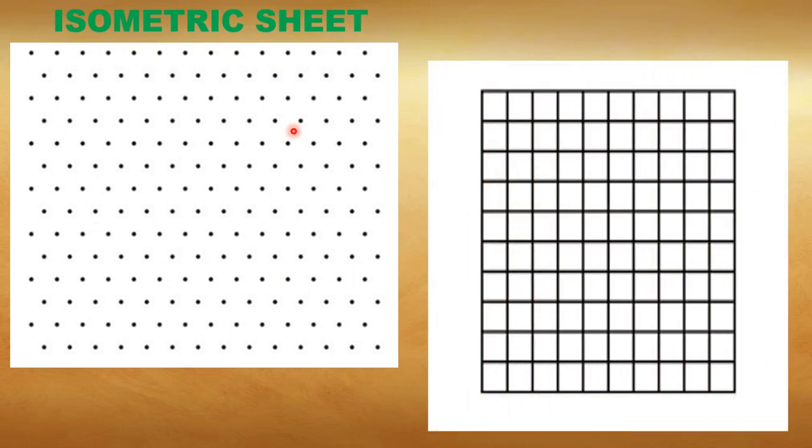So in this way we have to draw the sheet. This sheet is known as the isometric sheet, whereas the graph sheet or the square sheet, where all the squares are shown here, is the oblique sheet. So we have to draw the two sketches for any three-dimensional object.